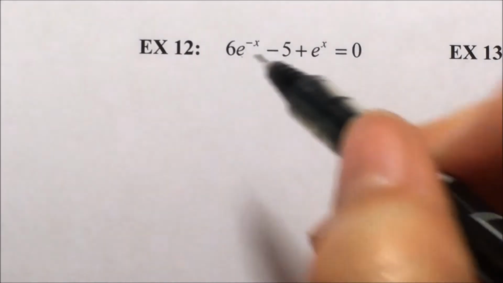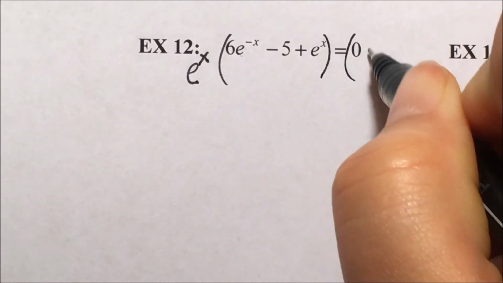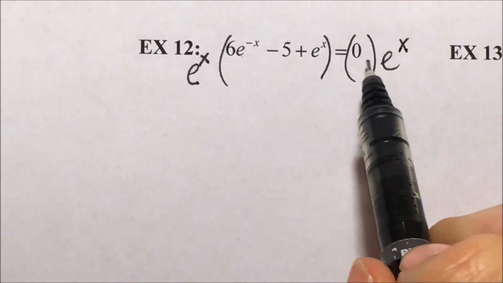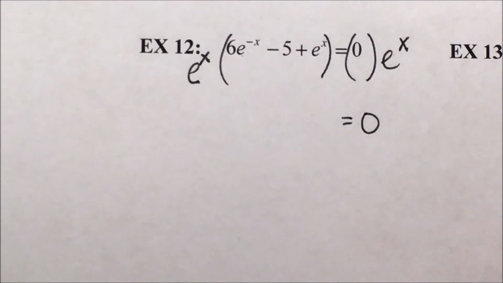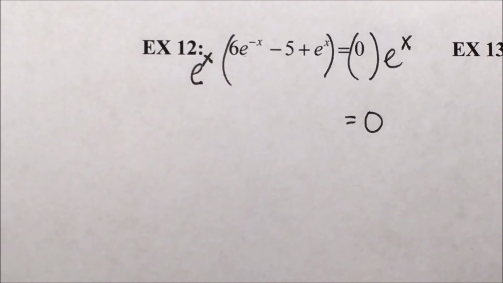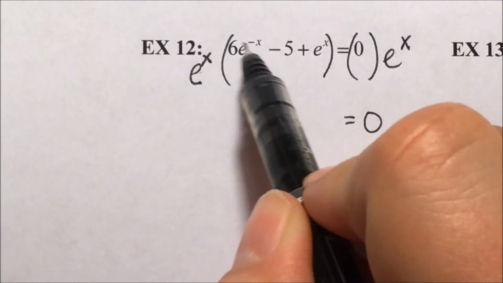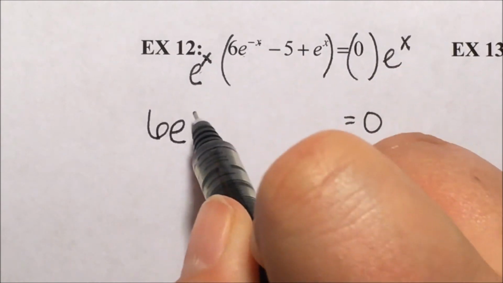I'm going to multiply both sides by e to the x. Now, of course, on the right-hand side, that's just 0, since anything times 0 is 0, so it doesn't really affect the right-hand side, which is also good. I don't want to introduce more terms with e to the x in it. Now, this is going to be 6e to the power of x plus negative x.